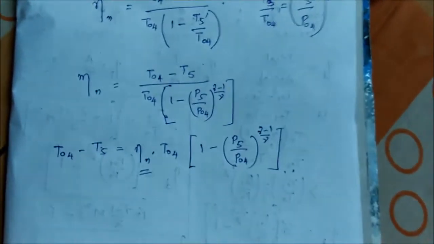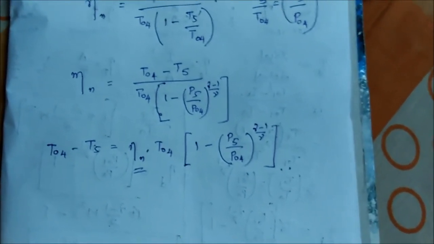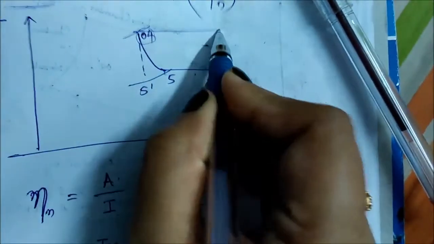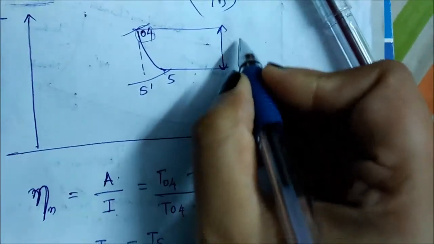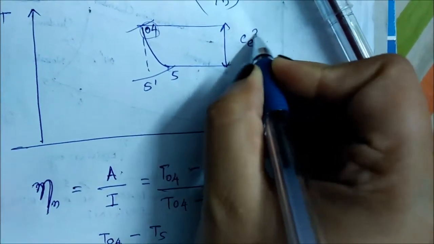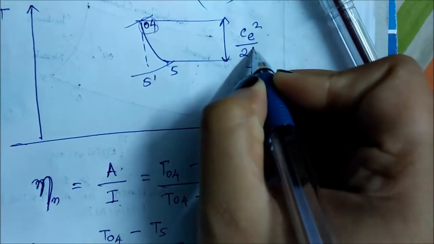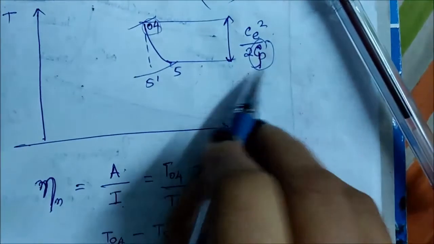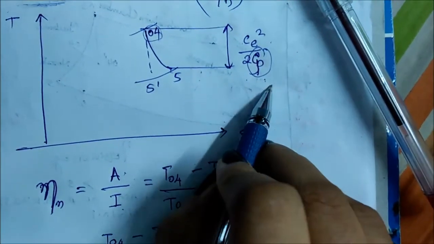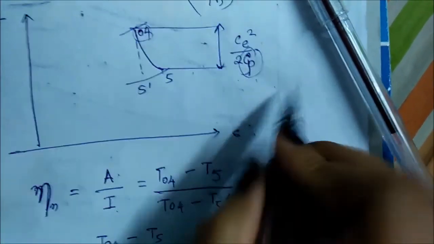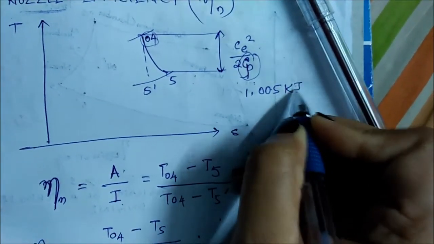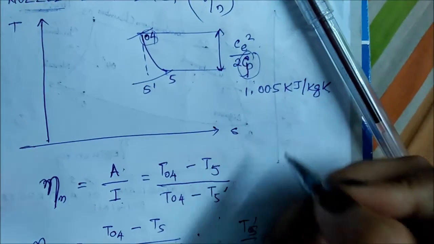As per the given data and the given requirements, we can write. So we also know another thing, that is T04 minus T05. That is this distance between these two, which we said in the first one, that it is Ce squared by 2 Cp. What is Cp? It is the specific heat at constant pressure. Specific heat at constant pressure, we usually consider 1.005 kilojoule per kg Kelvin.